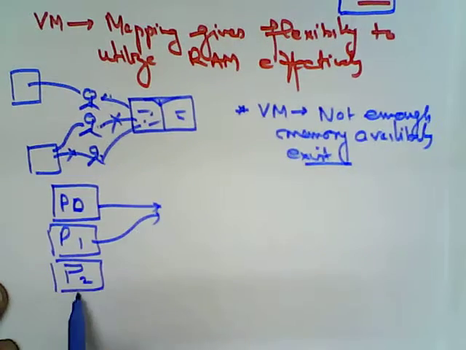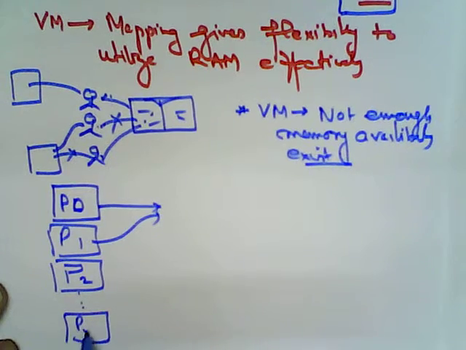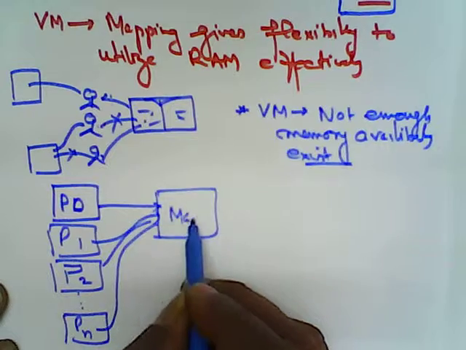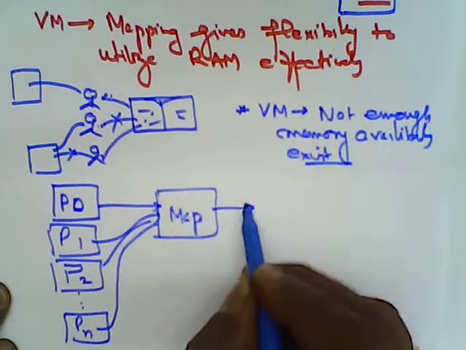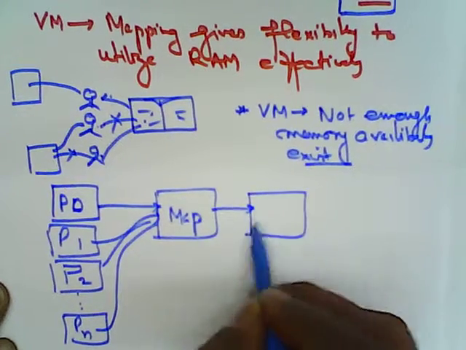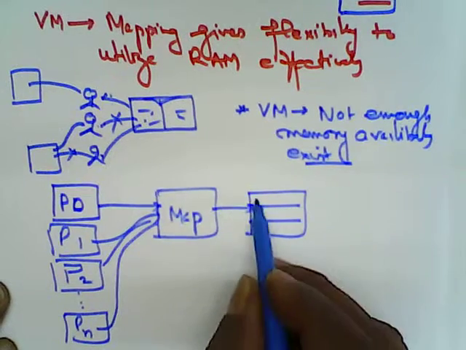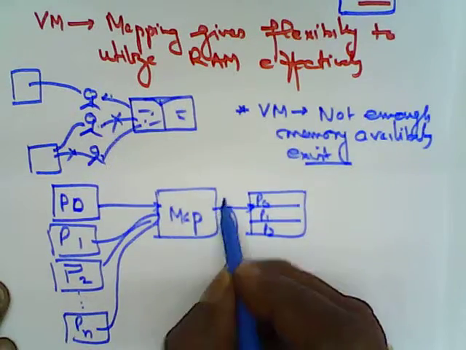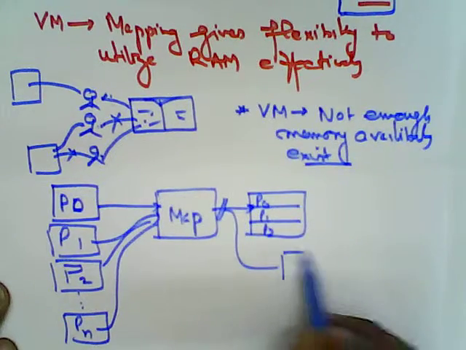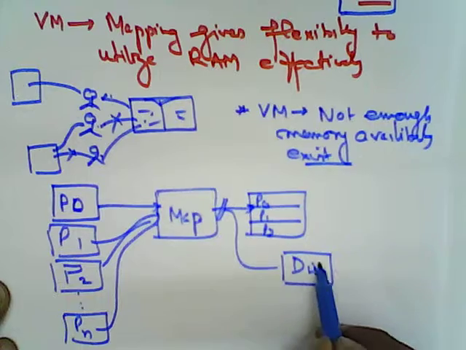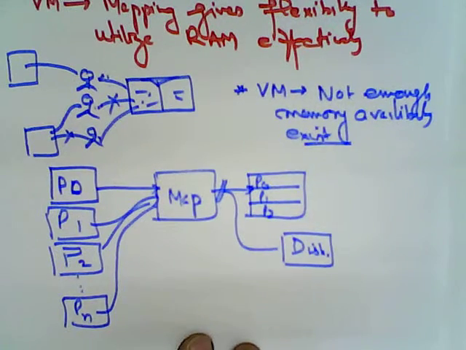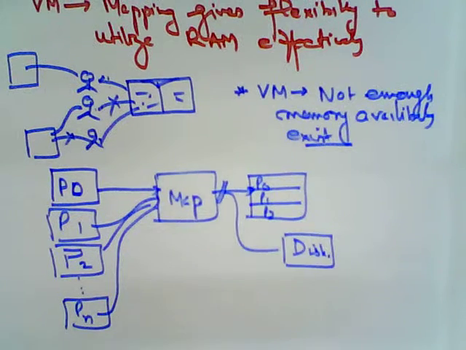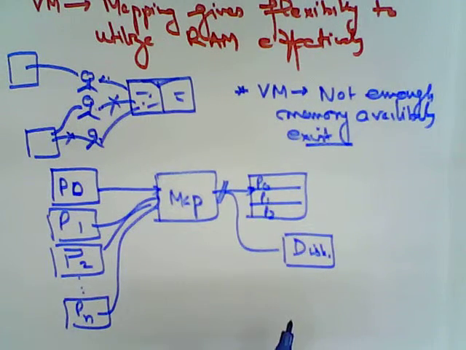All these have to pass through a mapping, and depending upon the size of the RAM they will be taken, and the remaining will be determined by the disk availability in the system. And this virtual memory is always effective in operating systems.